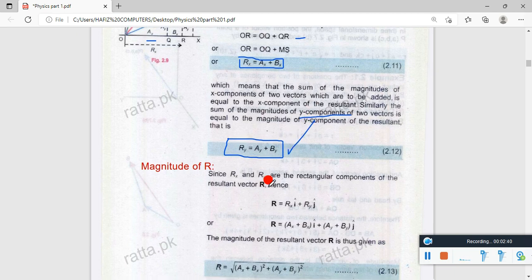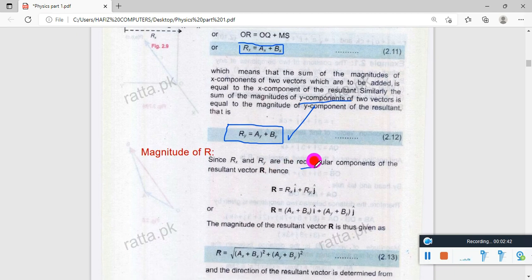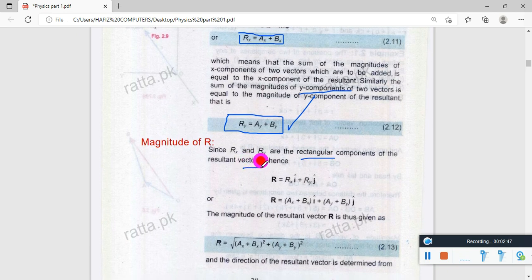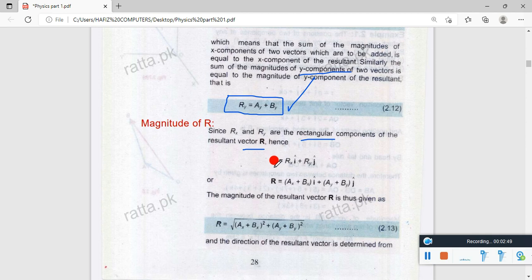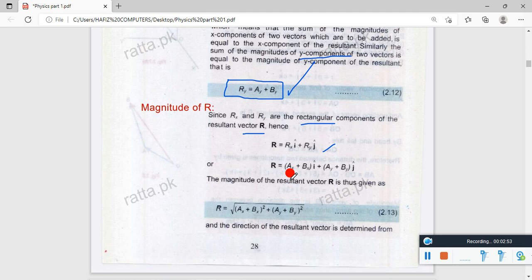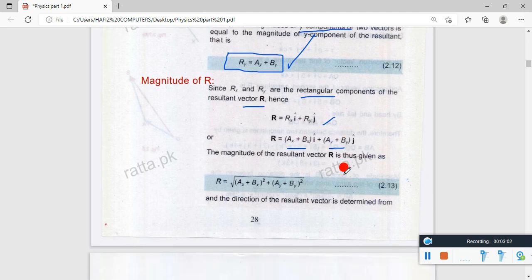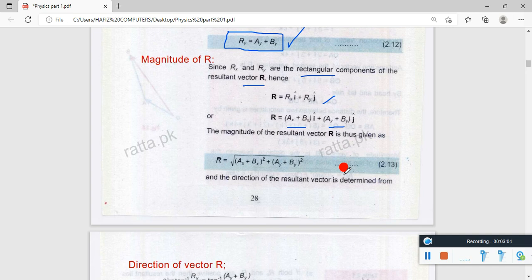So how do we get the magnitude of these rectangular components? Rx and Ry are the components of the vector R. Thus R is equal to Rx i plus Ry j. Substituting the values of Rx and Ry, which are Ax plus Bx and Ay plus By, the magnitude of the resultant vector R is the square root of (Ax plus Bx) whole square plus (Ay plus By) whole square.